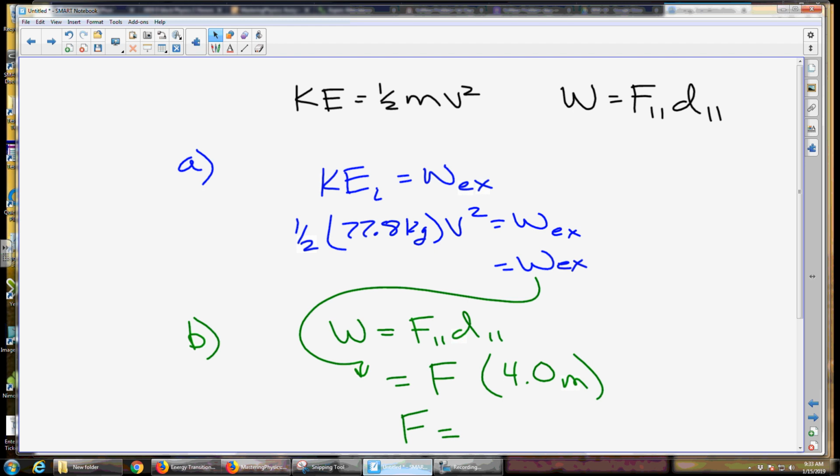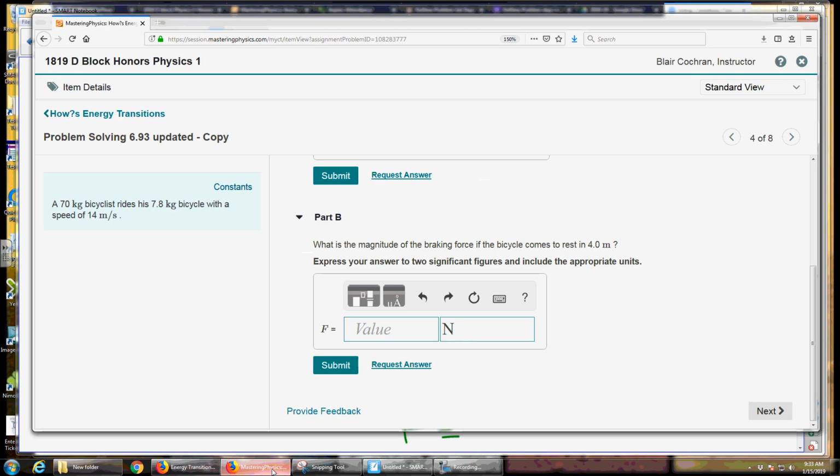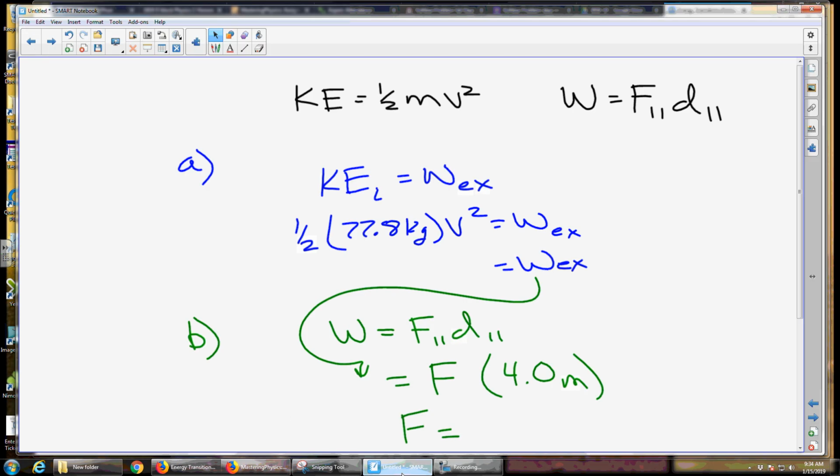From my problem, it told me, I'm trying to think of the wording, if the bicycle comes to rest in 4.0 meters. Because I did part A in blue, part B is in green.